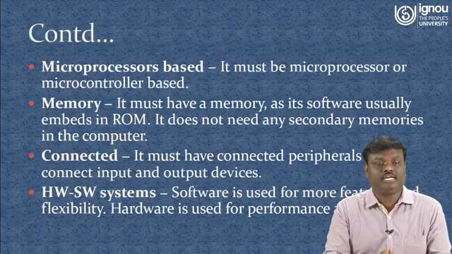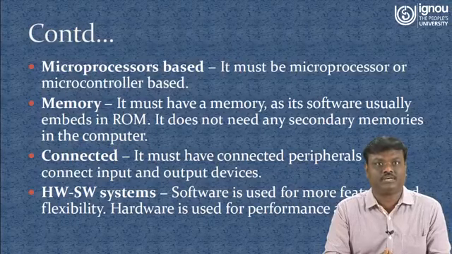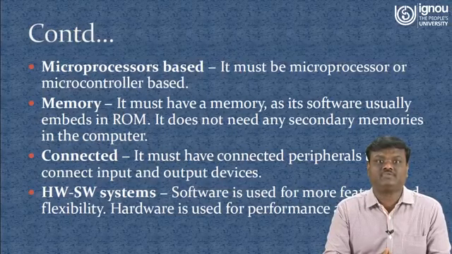I told you it consists of read-only memory. The chip is a read-only memory wherein the software embedded in that particular ROM won't allow you to change the program. Then it must be connected to peripherals to connect input and output devices.